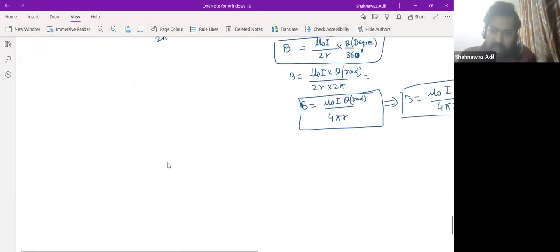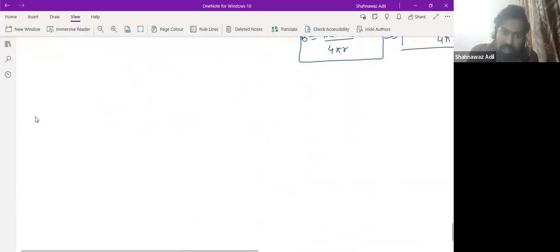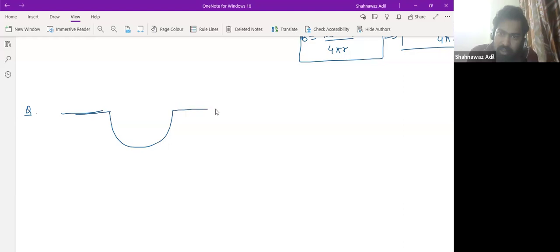The question is, you have the current flowing like this, the current is I, and this is let's say R. And at this point P, you have to calculate the magnetic field. So this is one question.